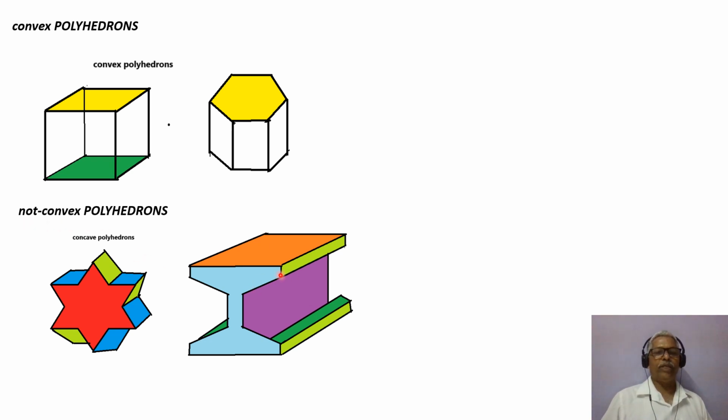Even here, if we join this and this, some part of the diagonal falls outside the main figure, so that is also not convex. Still, if you get confused in this, write to me in the comment section and I will explain the difference between convex, concave or not convex. But for this, we will be using only this nomenclature, convex polyhedron and not convex polyhedron.